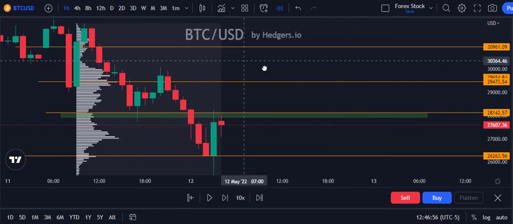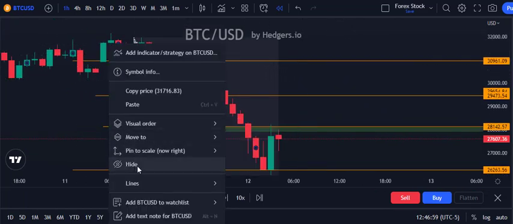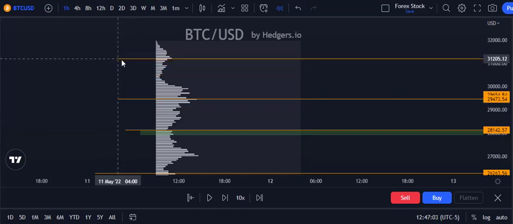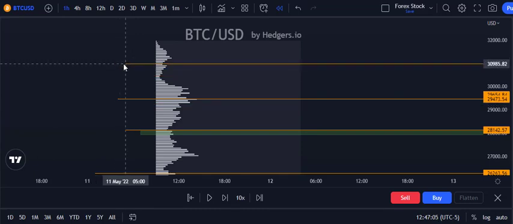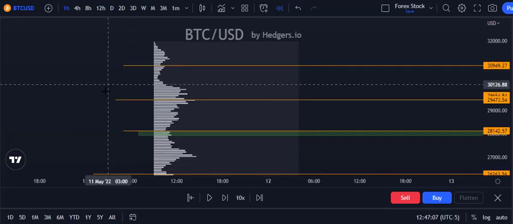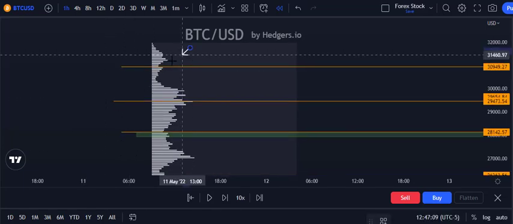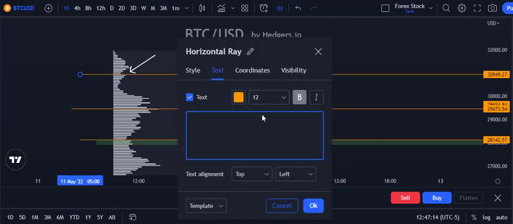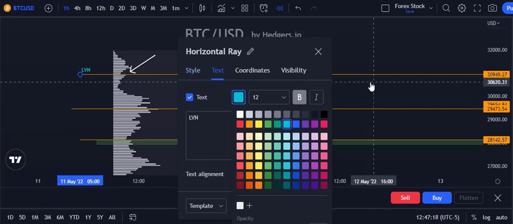Let's just hide this first. If you want to mark the low volume node, this is your low volume node here, the singularity. The singularity here is your low volume area node. LV, low volume node. You can mark it with the blue line.